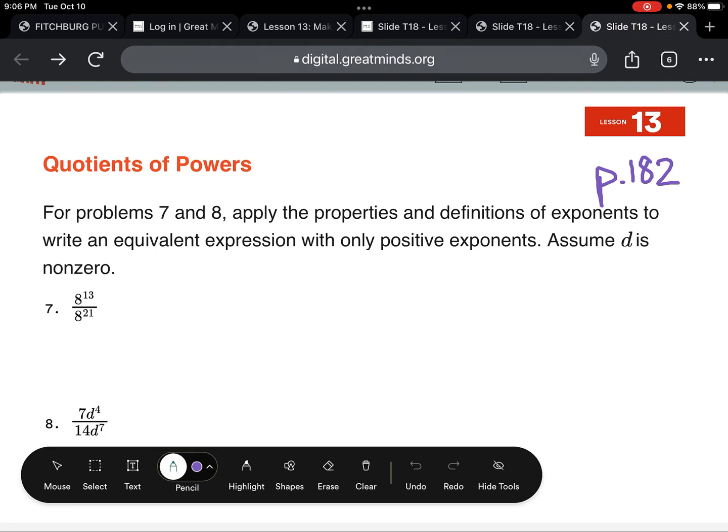So we can say this is the same thing as, I'll show you using the reciprocal. This is the same thing as saying 8 to the 13th power times the reciprocal, like we're flipping and changing from division to multiplication, 8 to the negative 21.